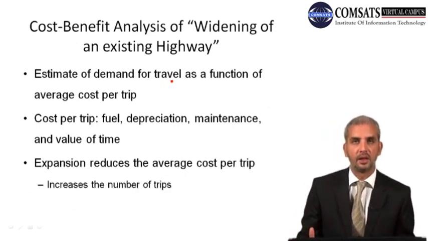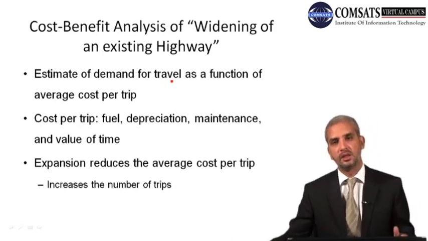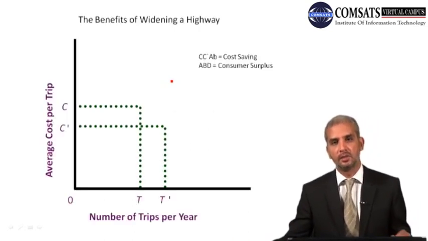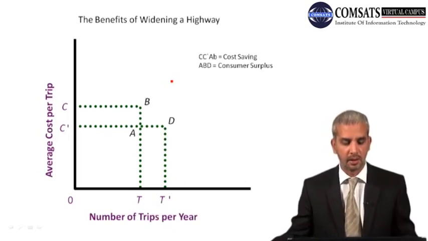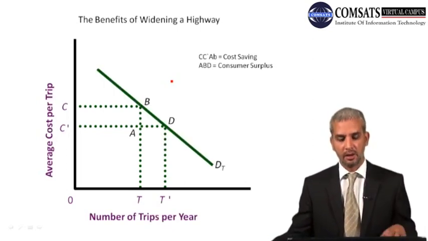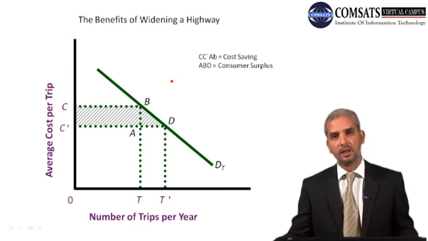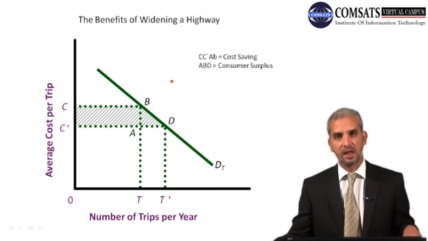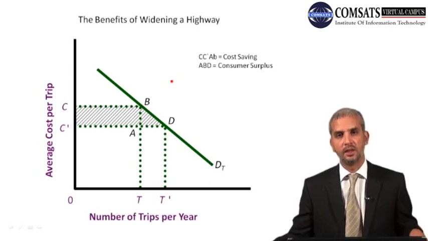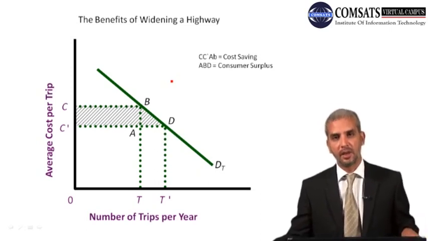And then we considered the widening of an existing highway, and in that case we needed to estimate the demand for travel in terms of average cost per trip. Using this graph we considered the cost saving as C slash A and B. And we considered consumer surplus, which I defined as the difference between how much you value the product and how much you actually pay for the product.